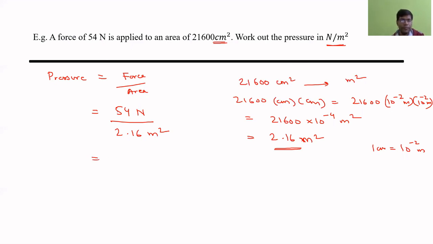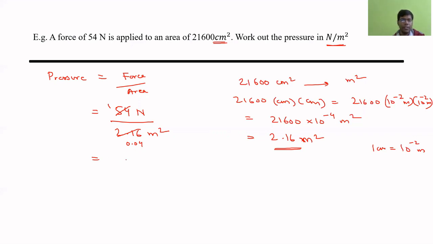So this will be 54, this is 1 time, and this will be 4 times, so 0.04. Or you can take it this way: this is 0.54, say 100 times, and this is 4 times. So that way also we can do, anything is fine.